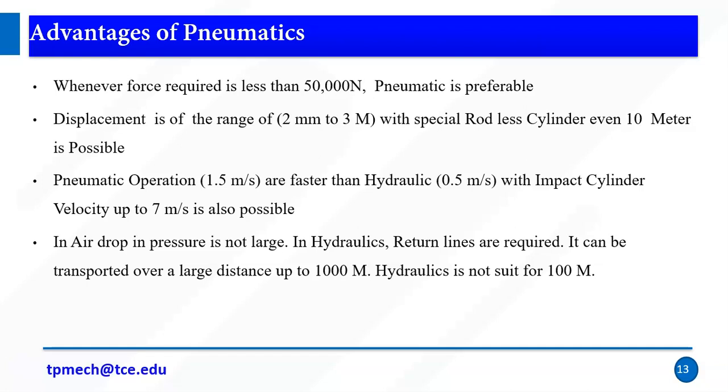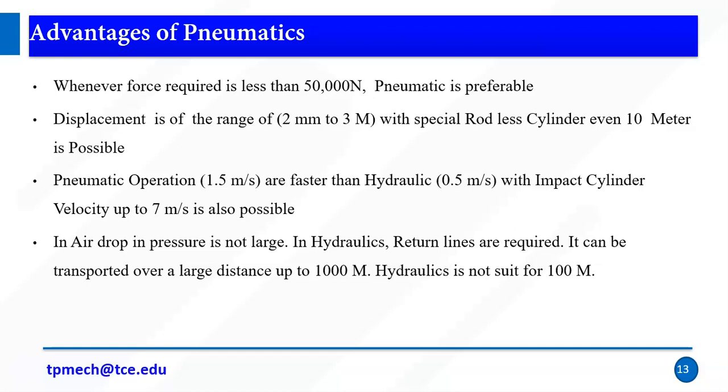Displacement is in the range of 2 mm to 3 meters. So if the displacement is in this range, we can use pneumatics. As well, we can use special types of rodless cylinder so that we can increase the displacement up to 10 meters, right? So this is one of the advantages.